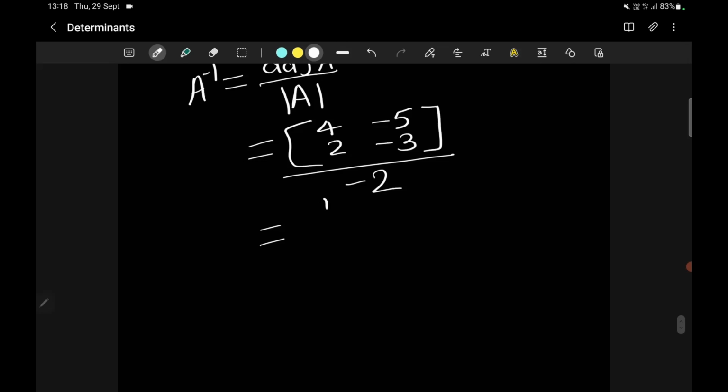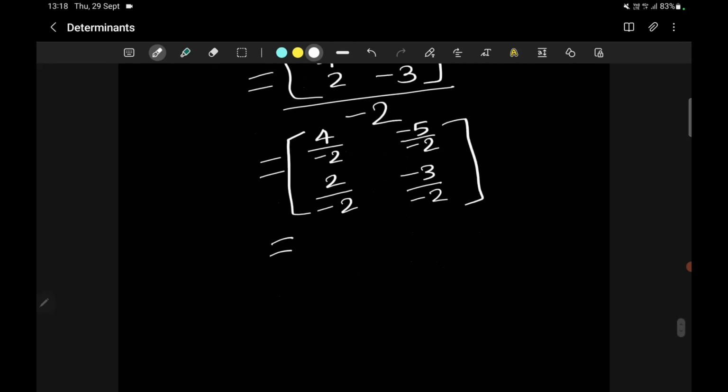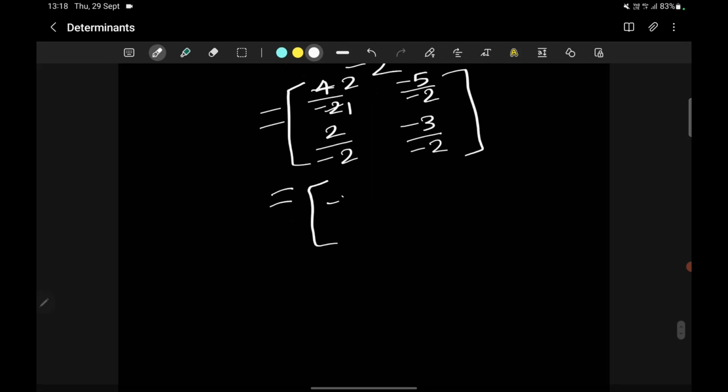Let's simplify this. This will become 4 divided by -2, -5 divided by -2, 2 divided by -2 and -3 divided by -2. Let's simplify this further. This will become 1, 2, that is -2.